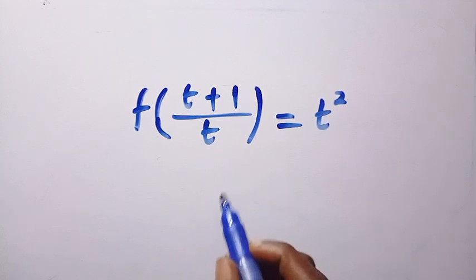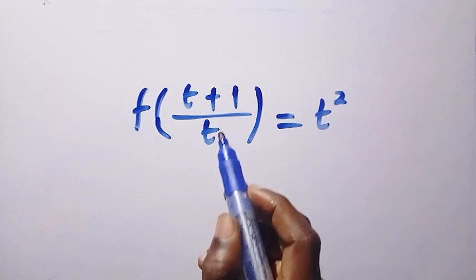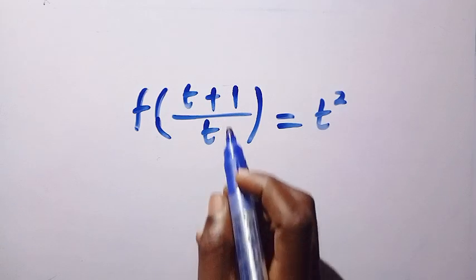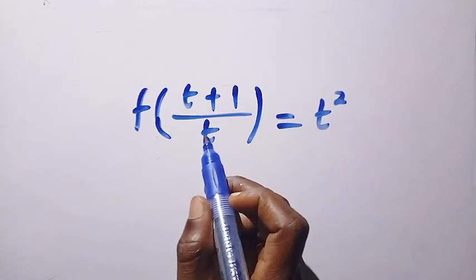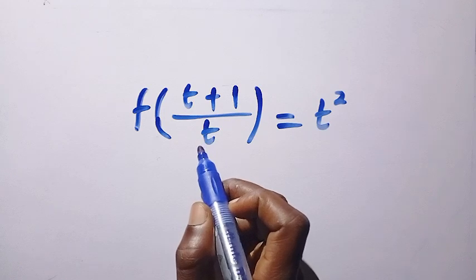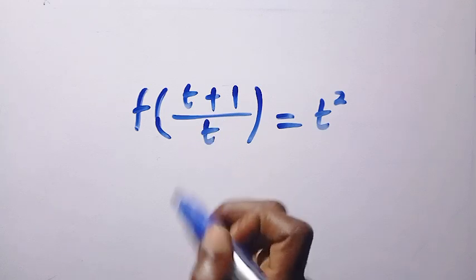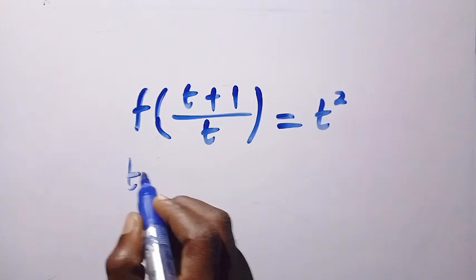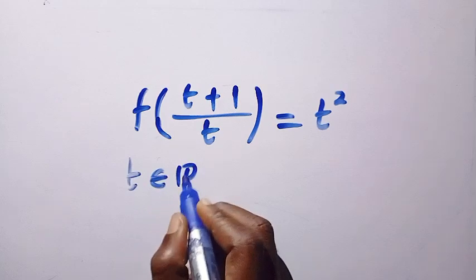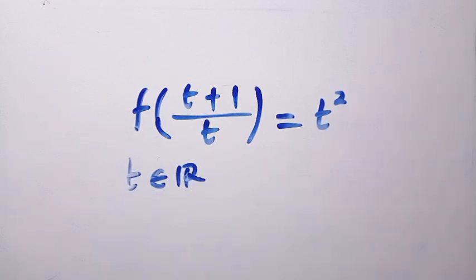But for this one, here we have a rational expression, which shows that there must be conditions attached to it. We have t plus 1 divided by t. If I say our t is a member of the real numbers, not all real numbers will satisfy this because of this over t.